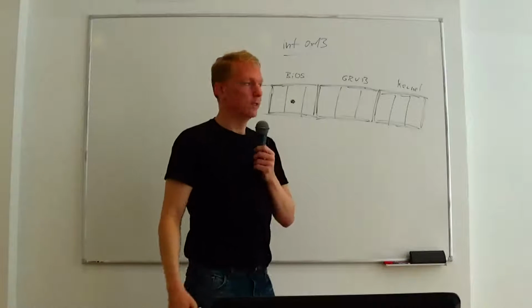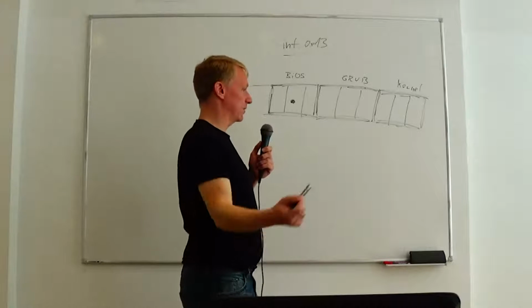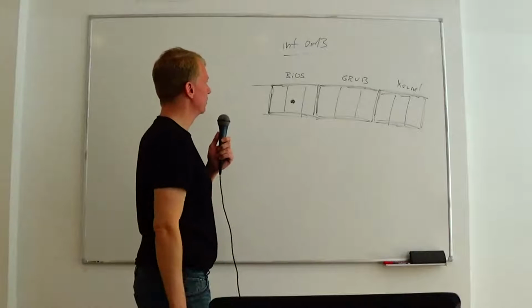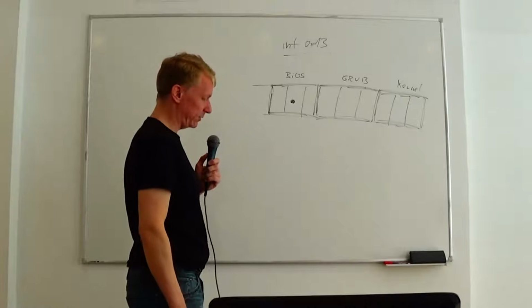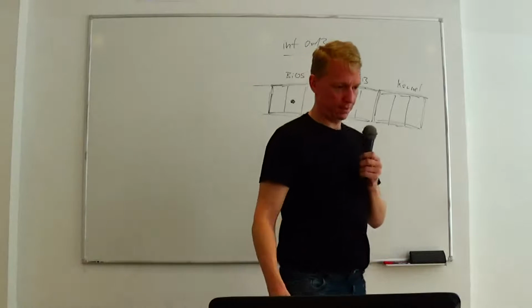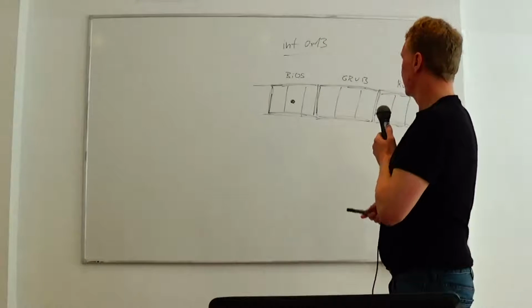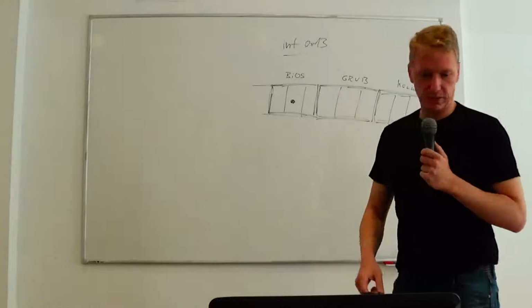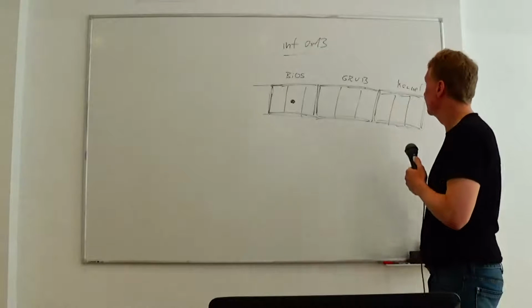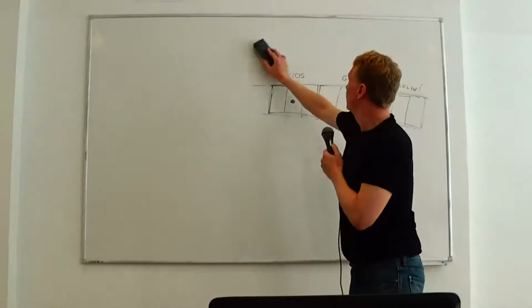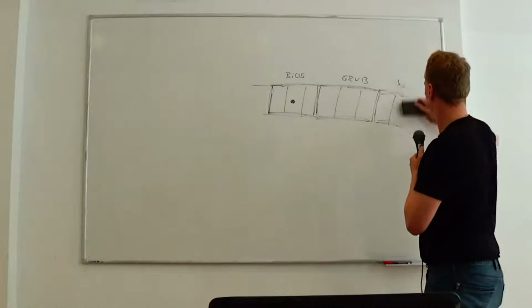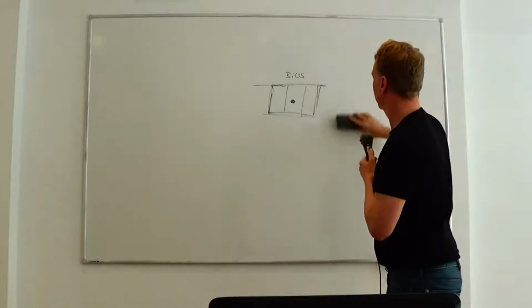But I don't even know how to go to 64-bit mode, and going backwards, I don't want to do that. So if you don't use the BIOS interrupt to switch the mode, then you need to talk to the graphics card directly and tell it to go into graphics mode.